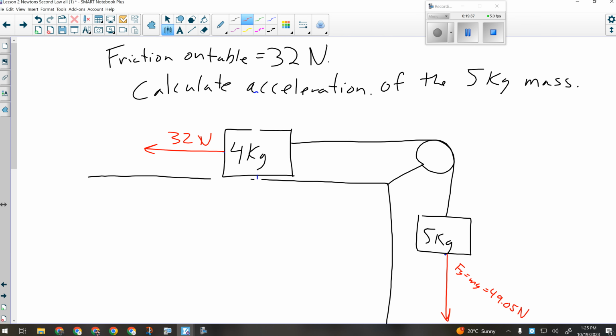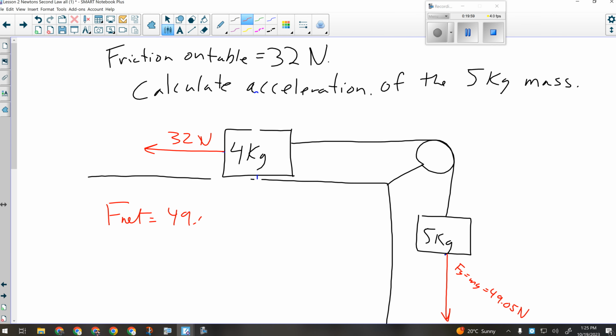Now, I need to find the acceleration of the 5 kilogram mass. Do I actually ever use the 5 by itself other than what I did there? No. If I want to calculate the acceleration of the 5 kilogram mass, I find the acceleration of the system. First thing I need to find is the net force acting on the system.